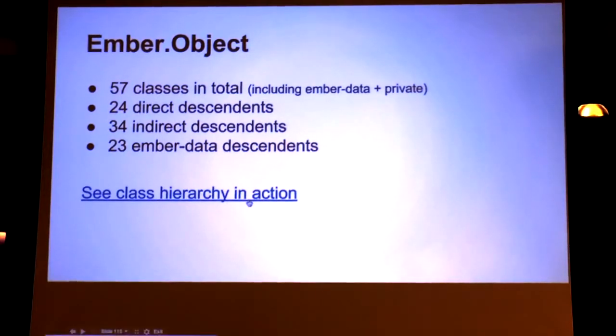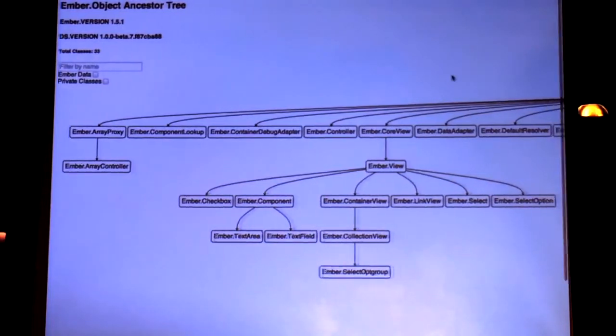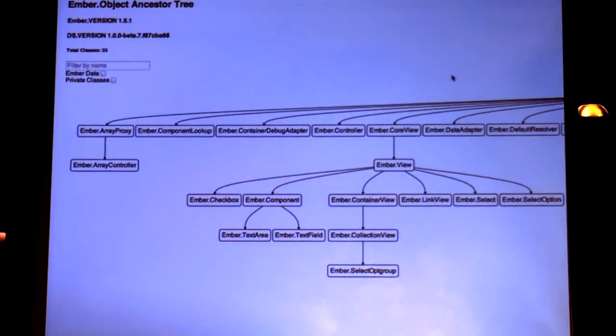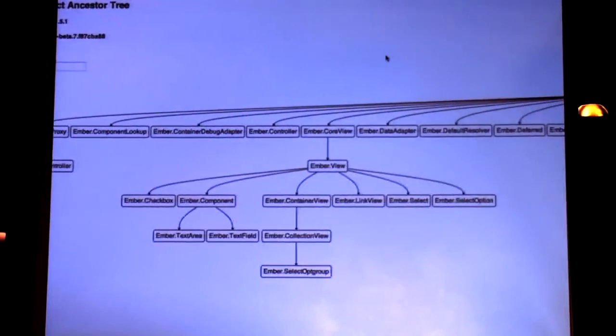So I can visualize that for you. This is actually a live generated object tree I built using D3, and it just recursively goes through all the classes and builds out the relationships and the inheritance between the classes. Here we can see Ember object at the top and all these classes inside Ember that eventually derive from Ember object.